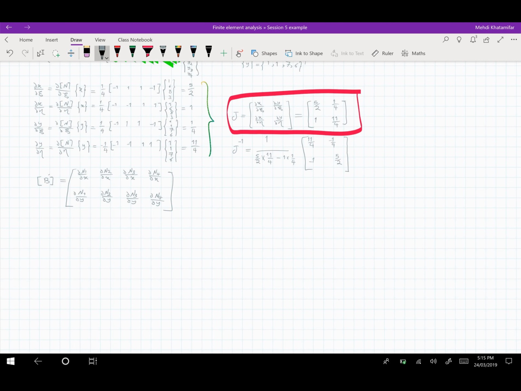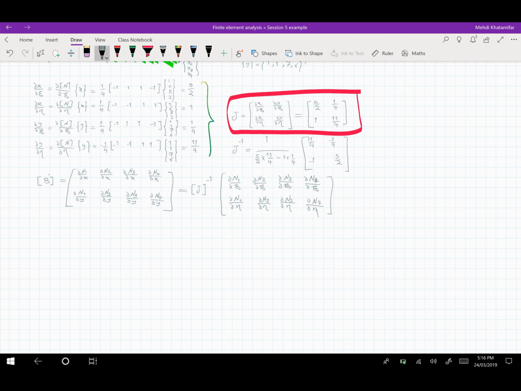And because all the formulas we extracted for N are based on normal or local coordinates, you need to multiply that with the inverse Jacobian to be able to find derivatives based on the global coordinates, which should be pretty good right now with these changing coordinates. dN1 d eta, dN2 d eta, dN3 d eta, dN4 d eta.